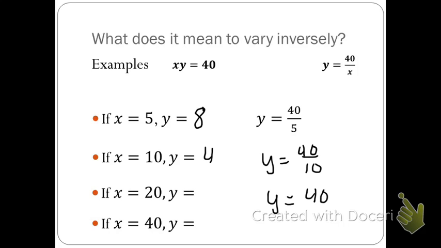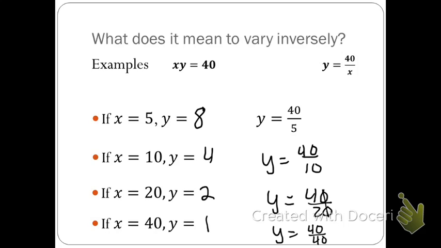Just to make that even more clear, let's say we change x to 20. So now we have 40 divided by 20. Well, 40 divided by 20, cross out your zeros, and you just get 4 divided by 2. Well, that's 2. All right, and the last one, y equals 40 divided by 40. Well, 40 divided by 40 is 1. So take a look at these x values.